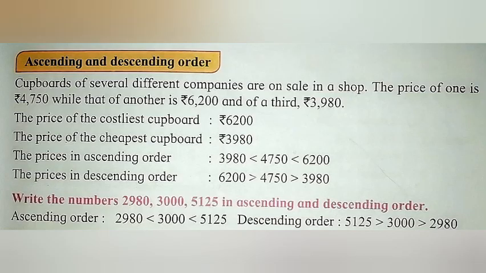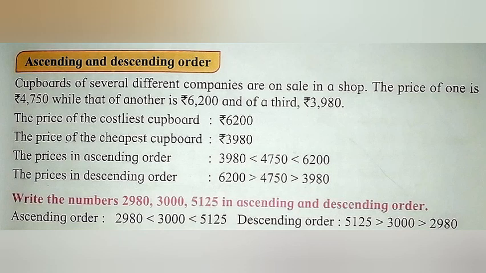Then we have ascending and descending order, which is also the same thing which you have been learning since first standard. When you know the place value of the digit thoroughly, you will know the difference. Just reading out the figures would make you realize what the answer should be. Here we are given cupboards of several companies on sale in a shop.